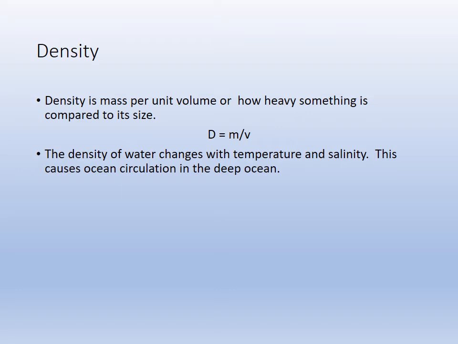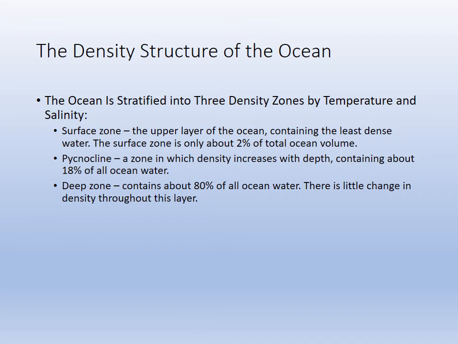It's due to density, and density is determined by temperature and salinity. Density is mass over volume, and it changes with temperature and salinity. The denser water sinks. So the surface, like we said, is only 2%, least dense. The middle, intermediate, pycnocline, change in density, is 18%. And then the deep is 80% of the ocean, no light, dark, cold.